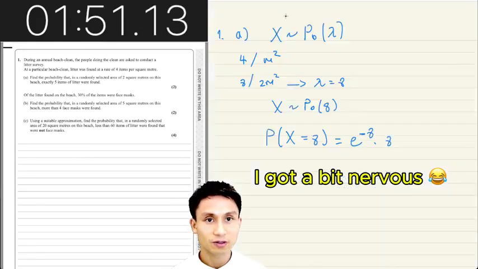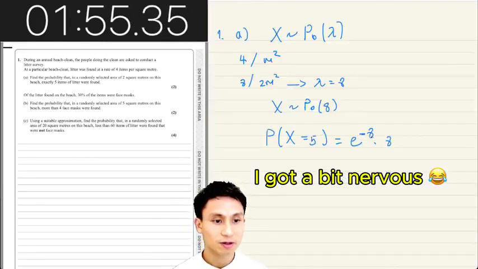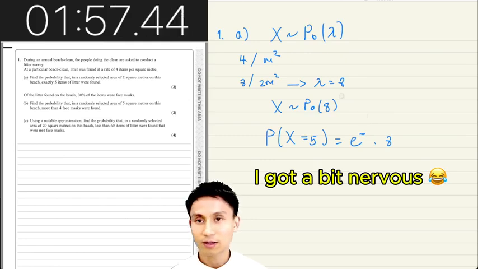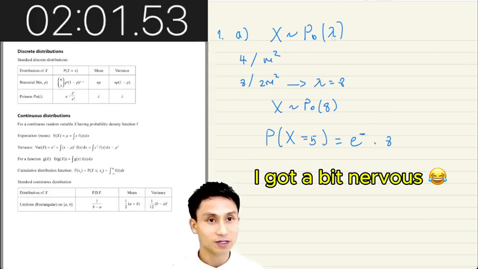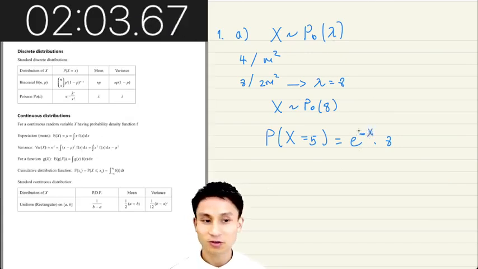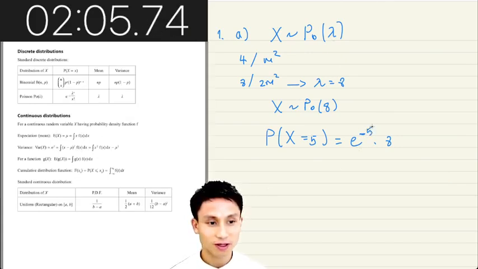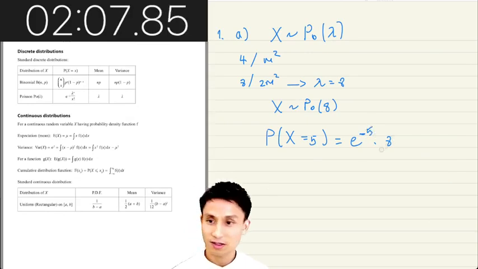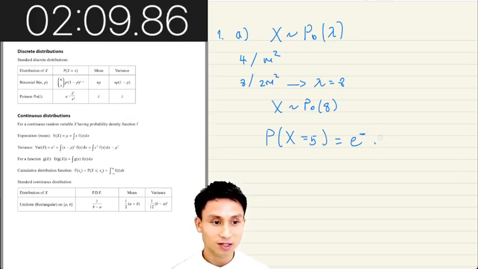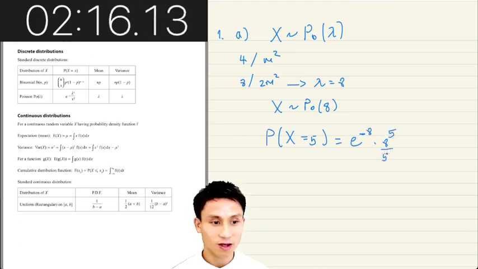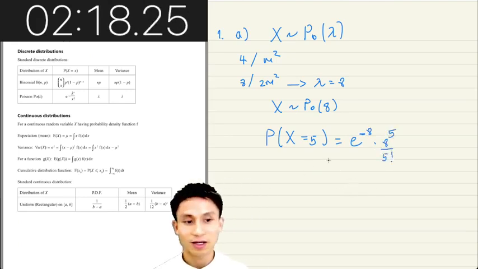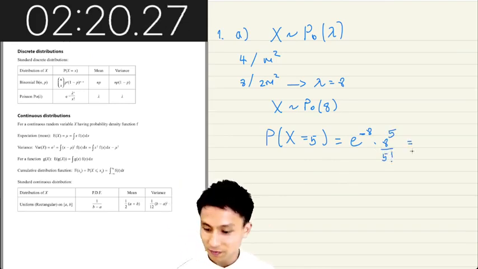Let me look at the formula again, to the x, because I don't remember this formula actually. So, to the 5, yeah. Then that's e to the minus 8, and then lambda, which is 8, to the 5, which is x, over 5 factorial. Okay, and then we're just going to calculate the probability of that.